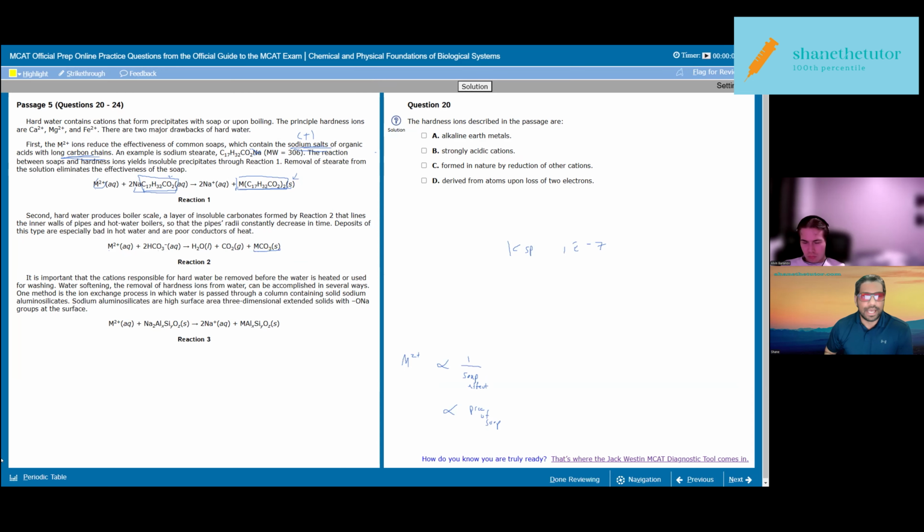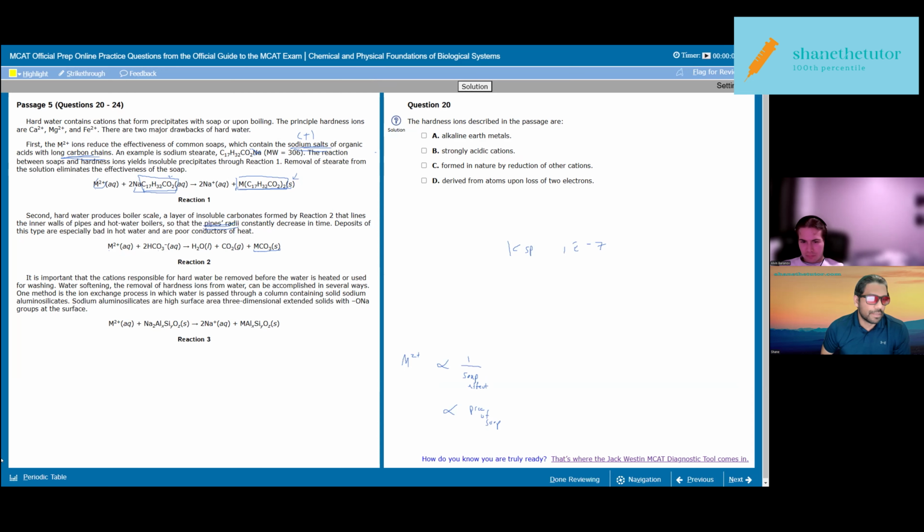That lines the inner walls of the pipe, so that's why the radii of the pipe can decrease. I have a feeling they're going to ask us something about the continuity equation, because they said the pipe's radii goes down, so that's the area going down, so the velocity will go up. So that's another buzzword here.